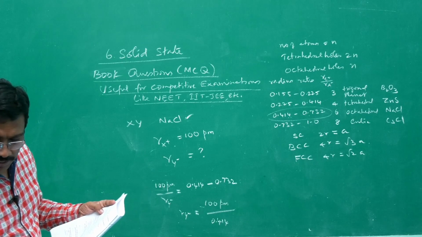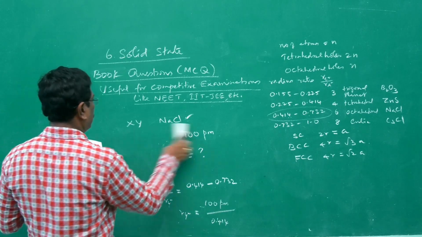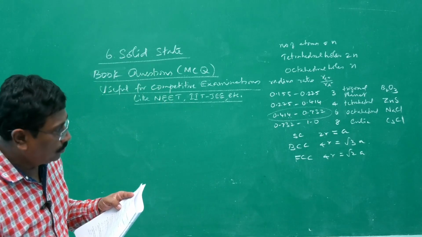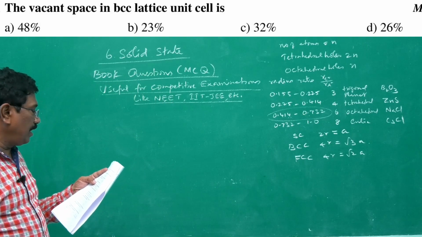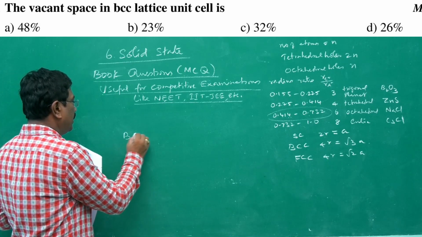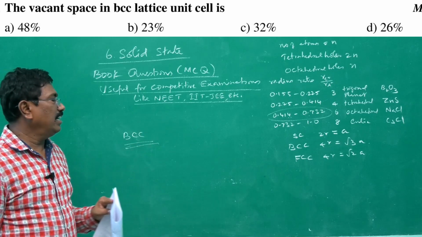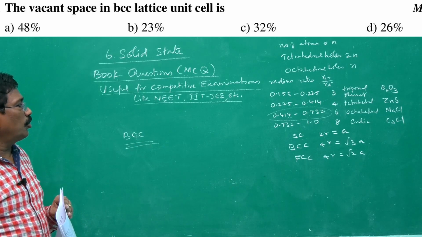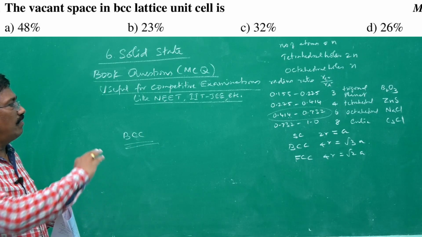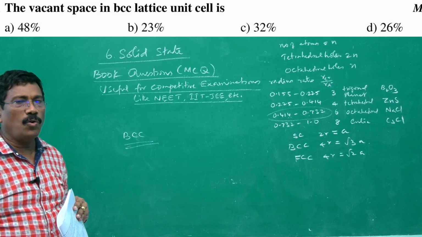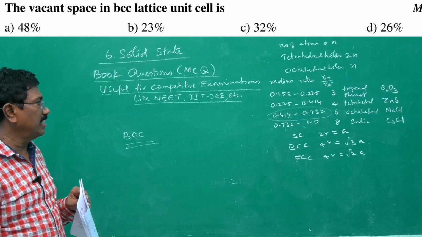Then question number 14. The vacant space in BCC, body centered cubic, they have asked. In simple cubic, body centered cubic and face centered cubic, we have seen the relationship between radius of atom and edge length. Now packing efficiency also we can see.